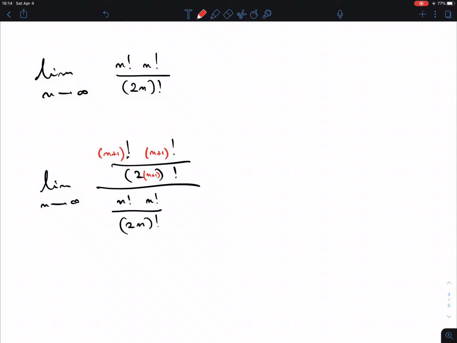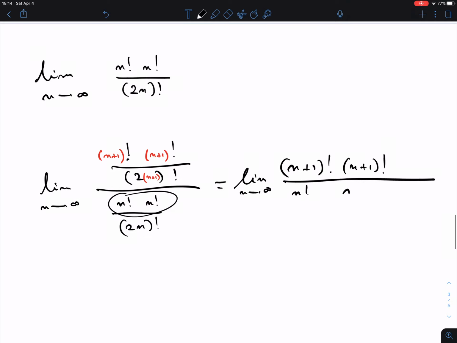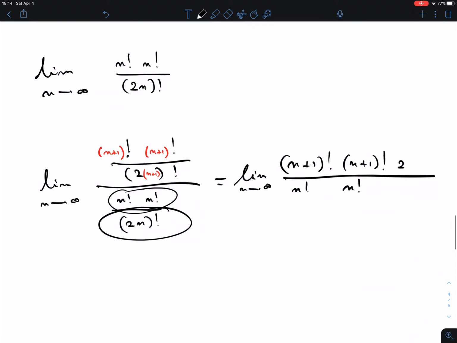Let's put everything in there. The n plus 1 factorial goes on top. The n plus 1 factorial goes on top. Now they actually match with these n factorials here in the bottom. And then this guy, because it's in the denominator, becomes the numerator, right? So this is 2n factorial.